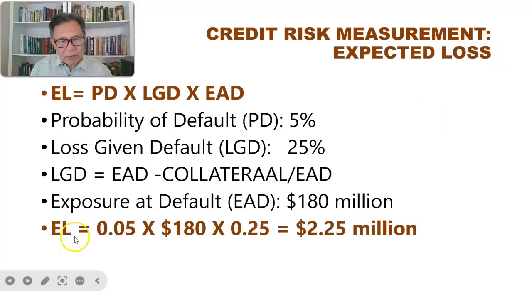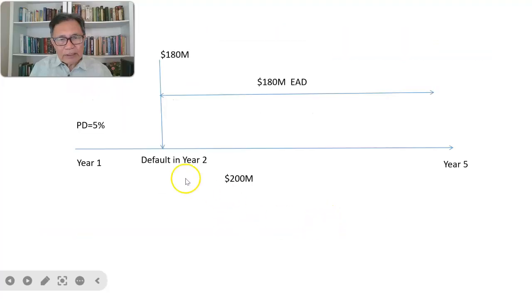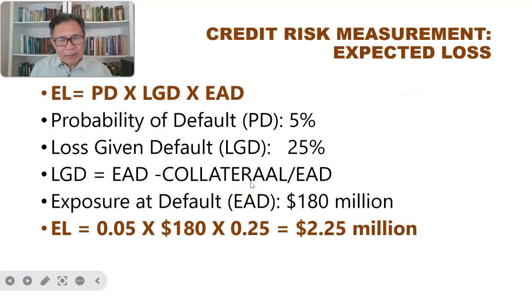So expected loss will be 5%, 0.05, times the LGD of 25%, 0.25, times the exposure at default, which is 180 million. So the expected loss is 2.25 million. So it implies that for the total murabaha facility or loan facility of 200 million, the expected loss will be 2.25 million.